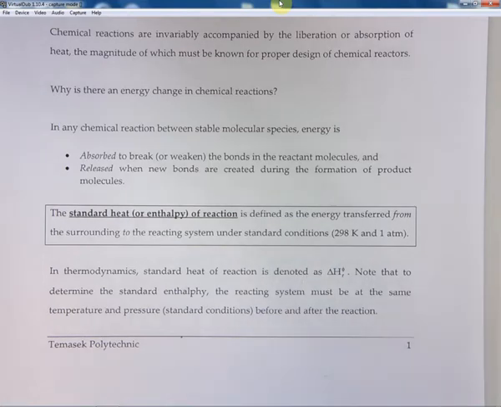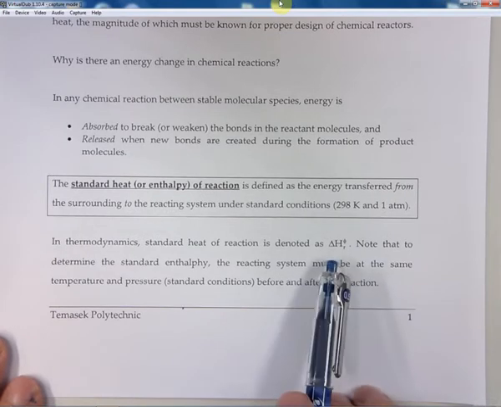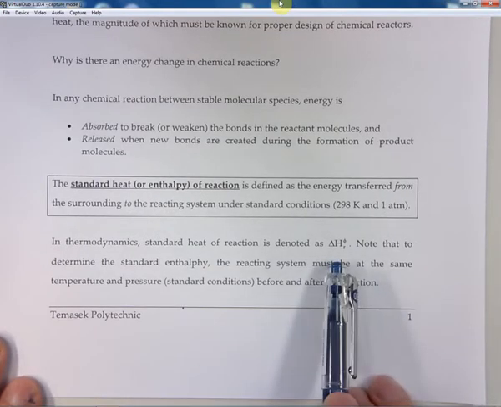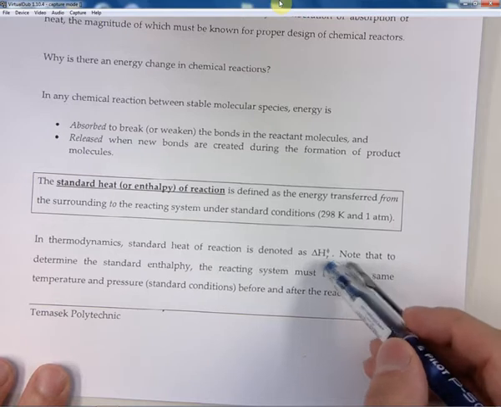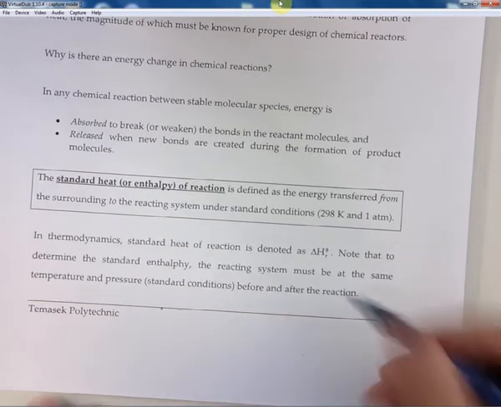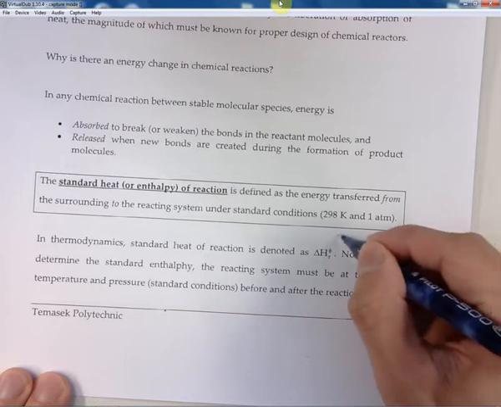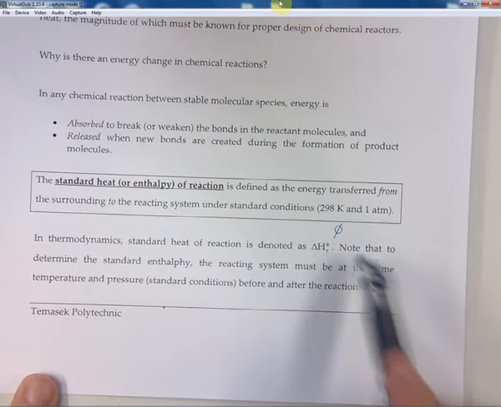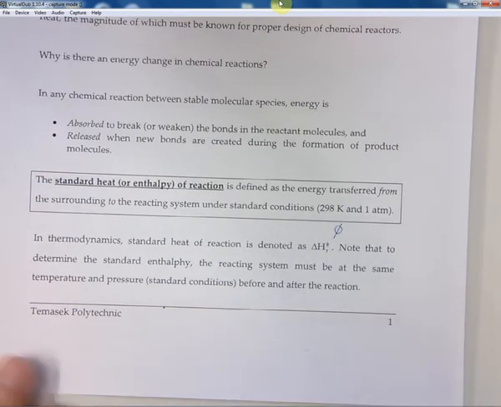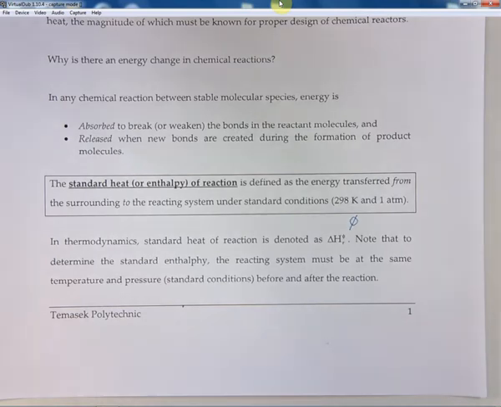It can be a positive or negative value depending on whether it is an endothermic or an exothermic reaction. The standard heat of reaction is defined by this delta H_R, where R stands for reaction, and this symbol is called phi, defined as under standard condition. Standard condition is 298 Kelvin and 1 atmospheric pressure.